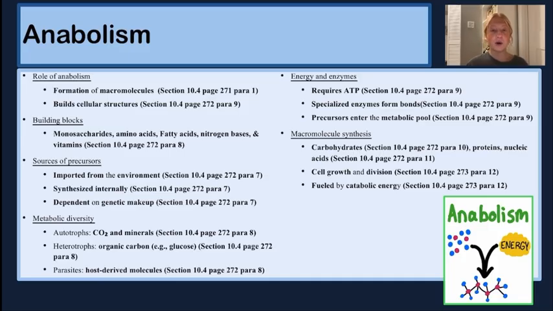There's also protein and nucleic acid synthesis. These are central to anabolic processes, as proteins form enzymes, membranes, cell walls, and other appendages. Ultimately, anabolic activity supports cell growth, the duplication of cellular components, and cell division, with the energy supplied from catabolic reactions.